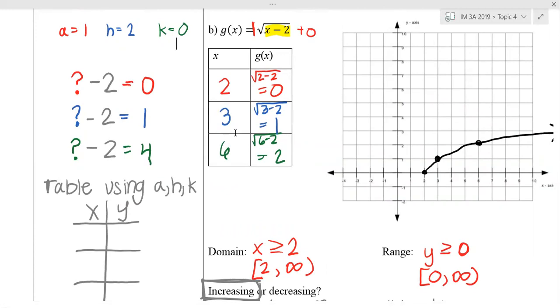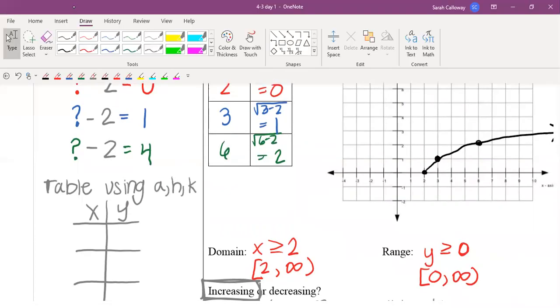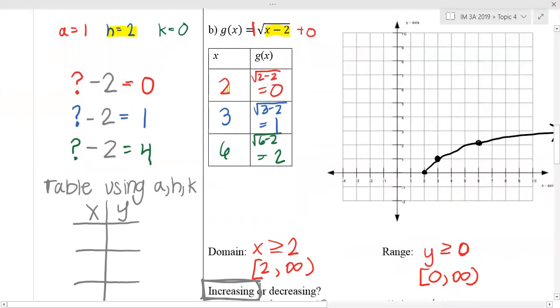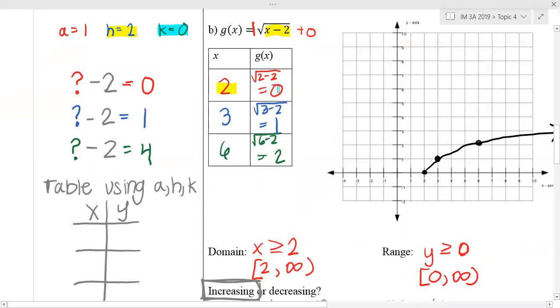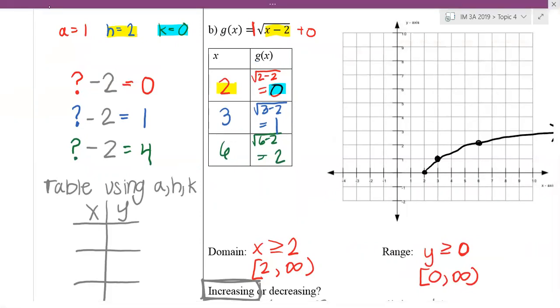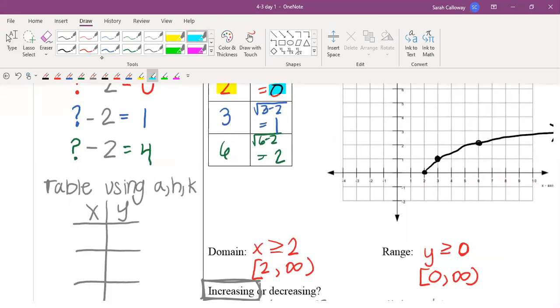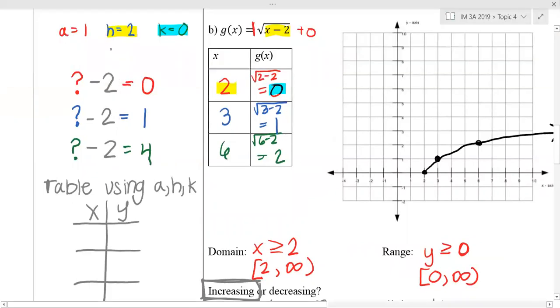One connection to make is that our H value was 2. Notice that was also our first X value. And then our K value was 0. Notice that was our first Y value. And that is actually going to be the case every time because we're trying to get 0. So when I'm trying to get 0, that's what's happening to our radicand, and so we're only left with the K value.